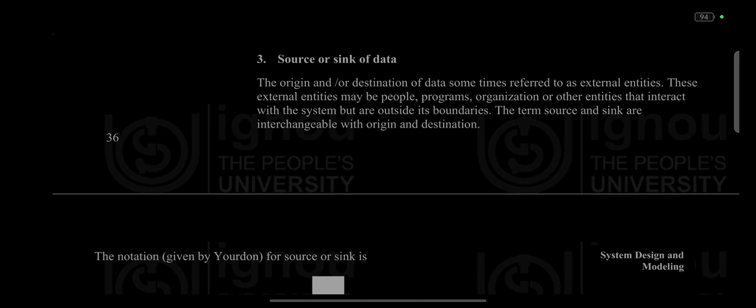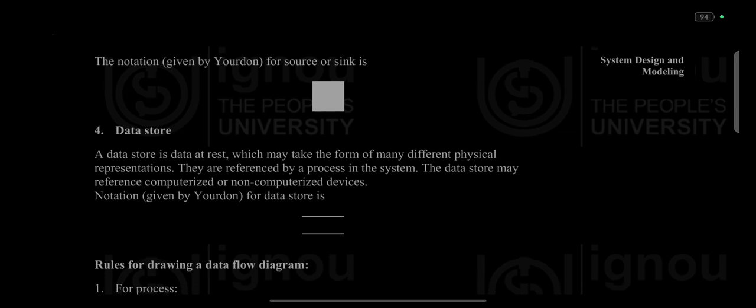These external entities may be people, programs, organizations, or other entities that interact with the system but are outside its boundary. The terms source and sink are interchangeable with origin and destination. The notation given by Jordan for source or sink is this.